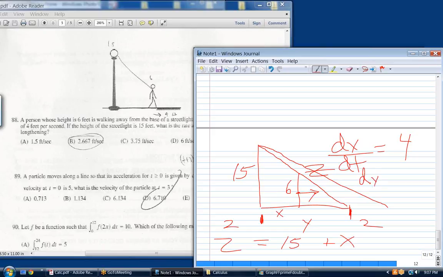Dy dt is what we're looking for, because that would be the rate of his shadow moving. So I've got 15 squared plus y squared equals z squared. That doesn't do me much good.